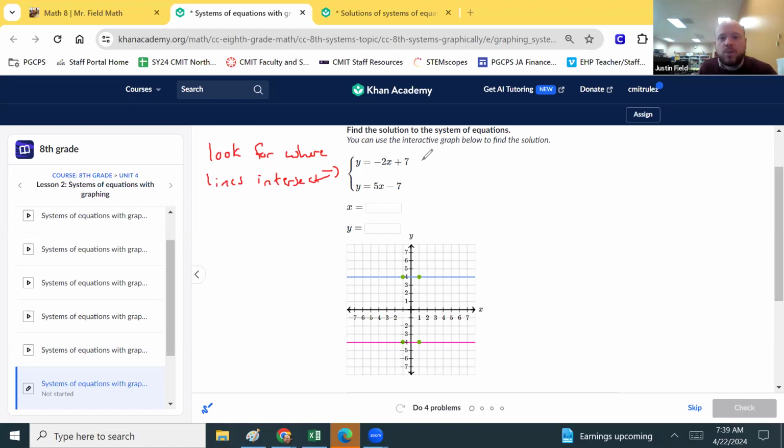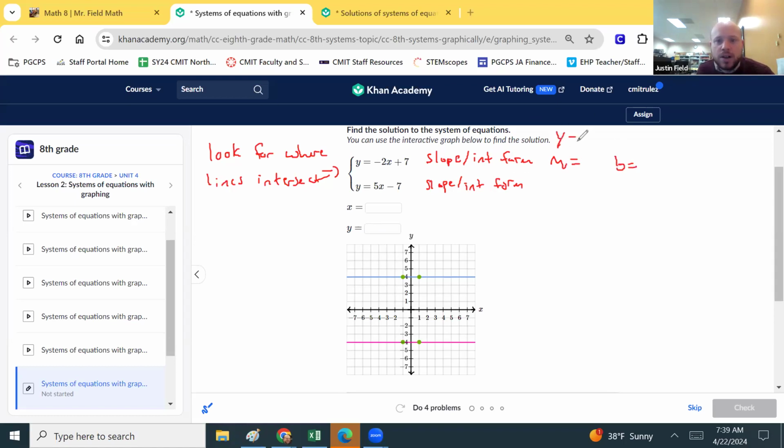In order to graph them, we have to know what form they're in. These are both in slope-intercept form. So I'm going to write slope-intercept form. So what is the slope? Do you remember? The slope is, and what is the intercept?